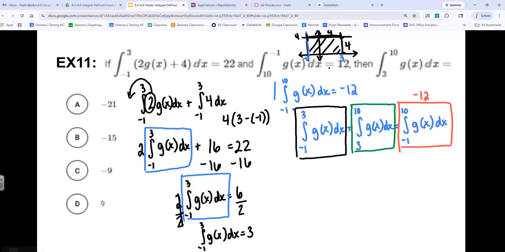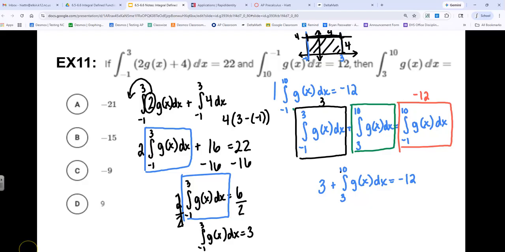So what we've got over here, that's 3, is 3 plus the integral from 3 to 10 of g of x dx equals -12.